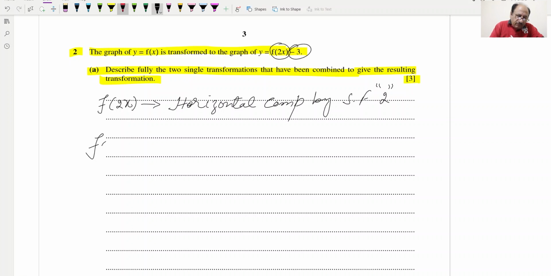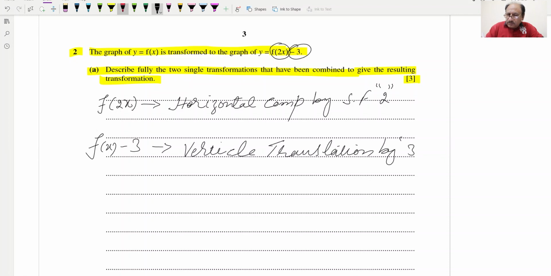Minus 3, f of x minus 3. This is representing vertical translation by 3 units. So we can write vertical translation by 3 units. So this will be our answer.